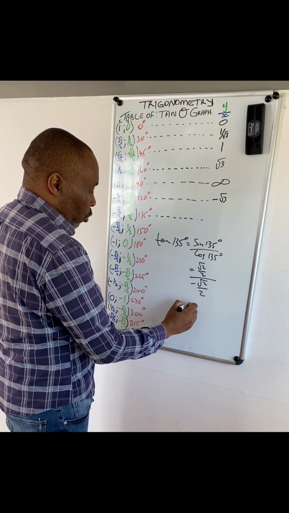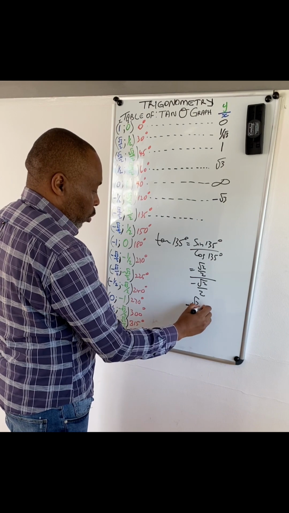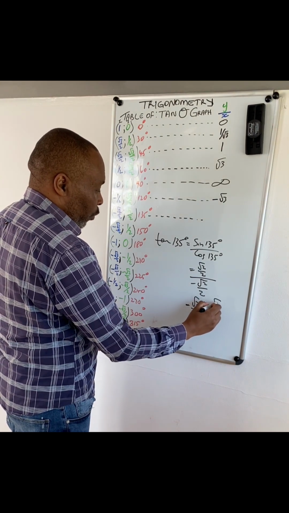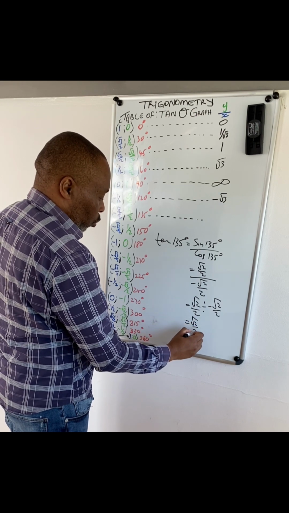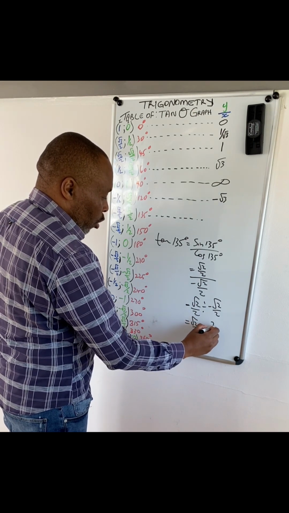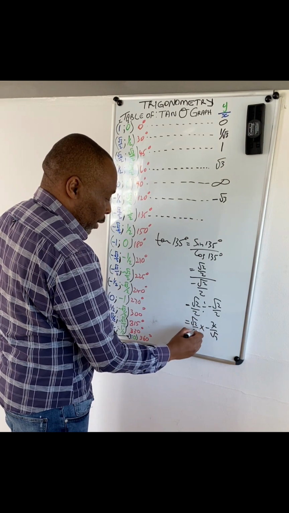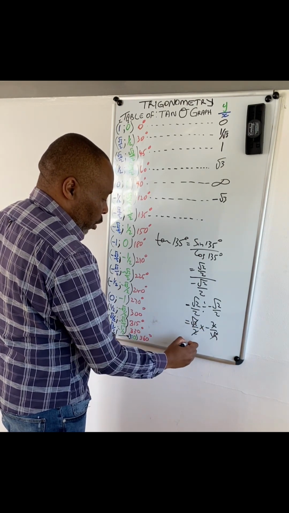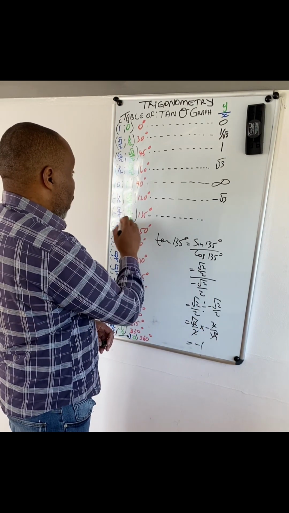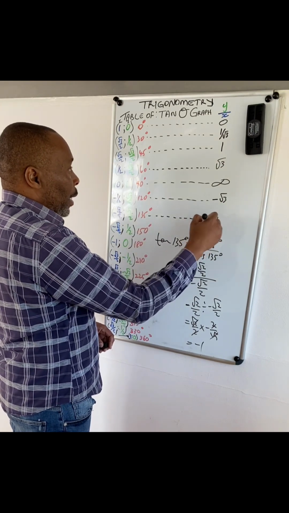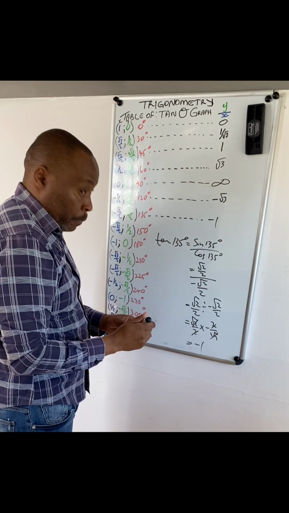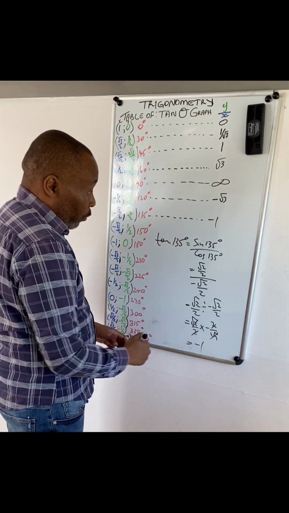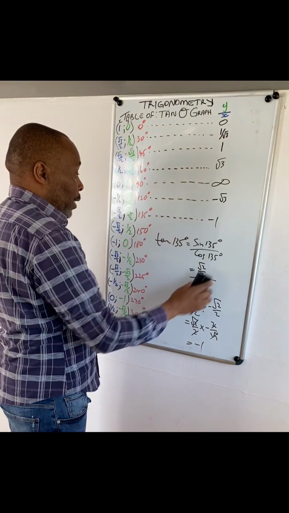That is root 2 over 2 multiplied by negative 2 over root 2. Cancel, cancel, cancel, cancel. We've got negative 1. So at 135 we have a negative 1. Like I said, it's going back like that. So here we've got a negative 1.